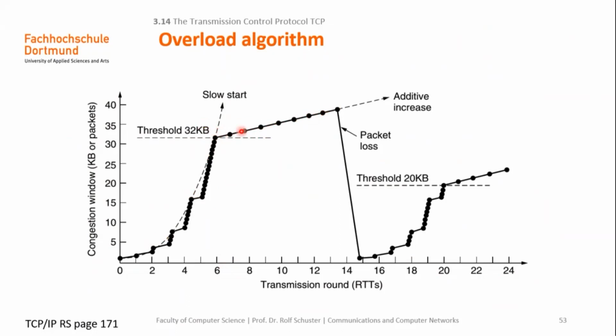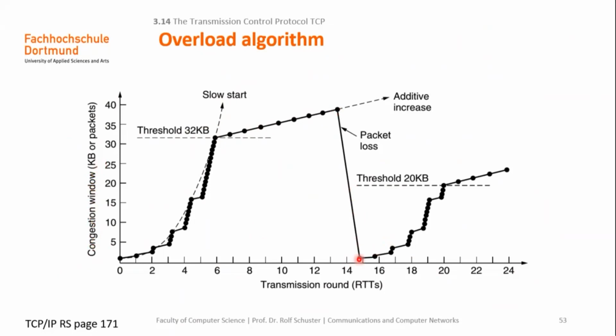This congestion window is increased until, for instance, a segment loss is detected. If a packet or segment loss is detected, for instance because the transmitter doesn't receive any acknowledgement, then the congestion window is reduced to 1.